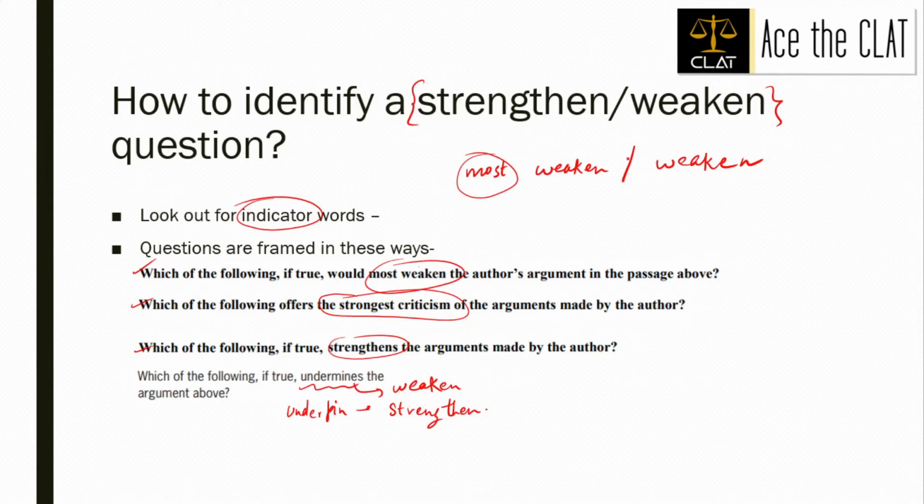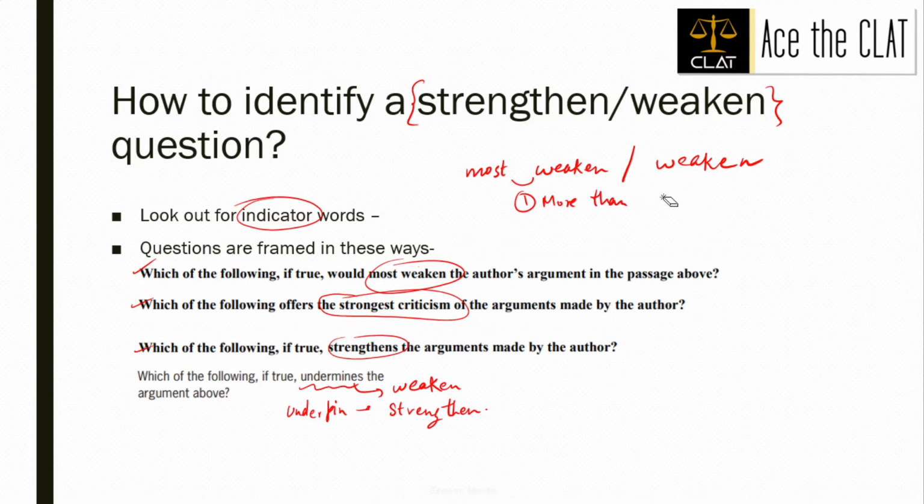Talking about most weaken and simply weaken, most weaken मतलब question setter expects you to do two things, ठीक है? और expects you to know two things. Alright, first is कि there are more than one option that can weaken the claim of the author. ठीक है?